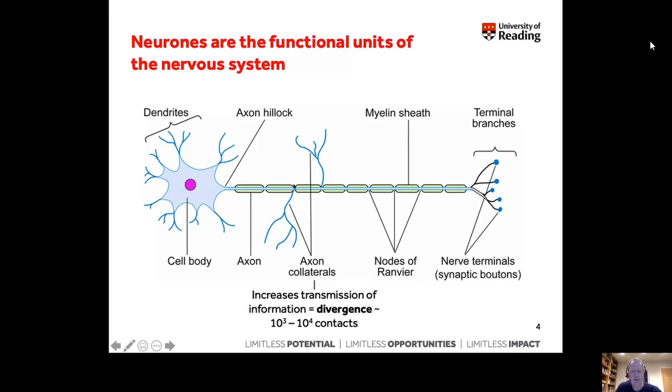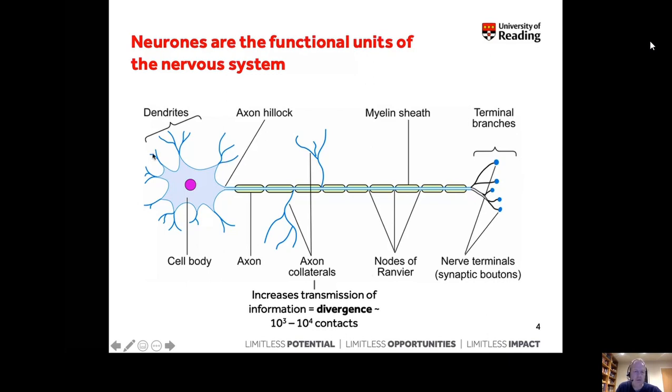The myelin sheath is something that wraps around the axon and helps to speed the action potential down the axon to these terminal branches. The gaps in the myelin sheath, which we'll also talk about, are called nodes of Ranvier, and they're important for allowing the nerve action potential to jump down the axon and to invade these terminal branches.